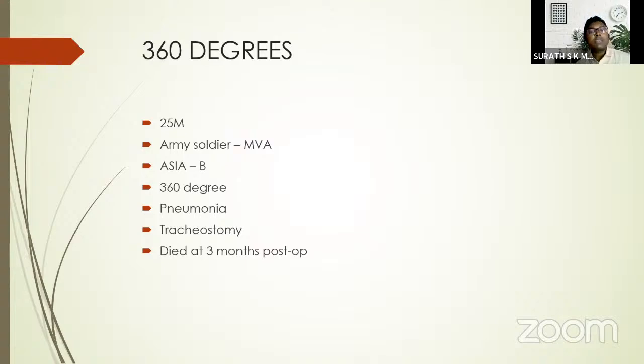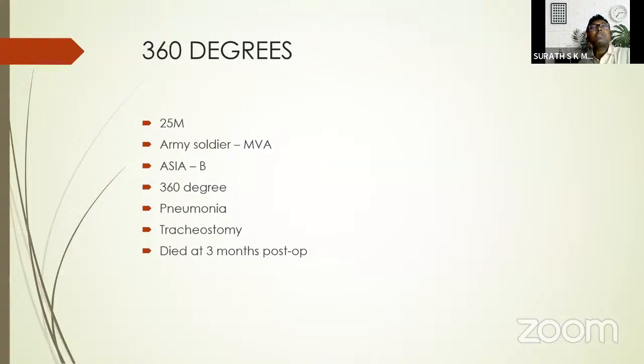Most of the time, patients in our setup suffer or succumb to that, not because of the cord injury itself, but because of the complications, mainly aspiration pneumonia. So all sorts of complications they get: bed sores, infections, aspiration pneumonia, deep vein thrombosis.